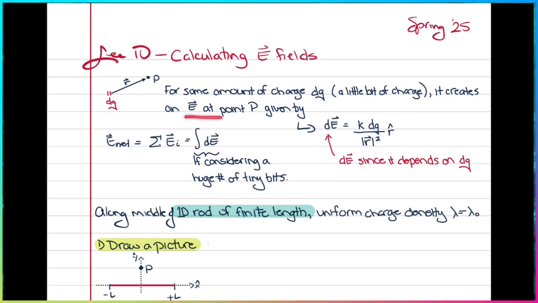So we know what the E field is going to be from this charge Q, or dQ rather. Instead of kq over r squared, I'm going to just write k dq over r squared, r hat.